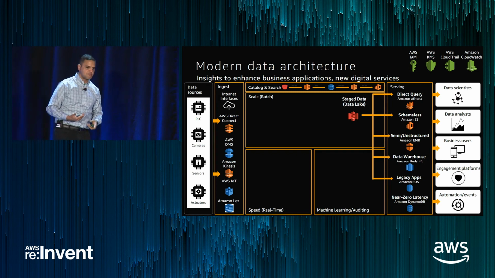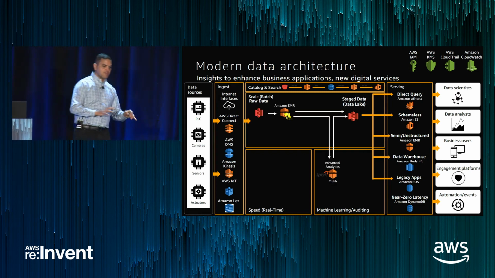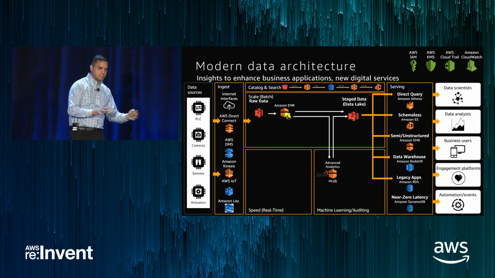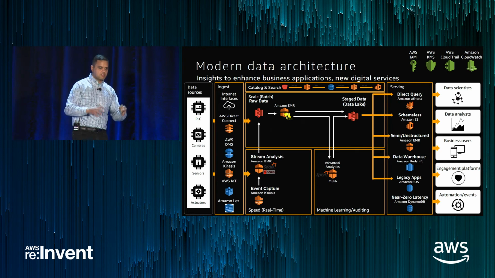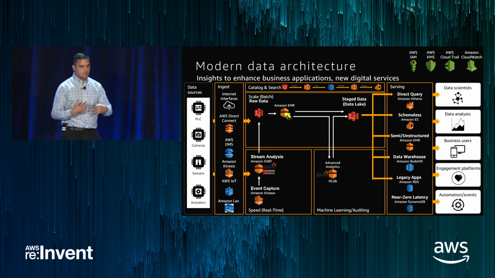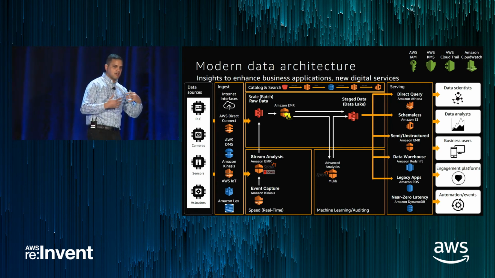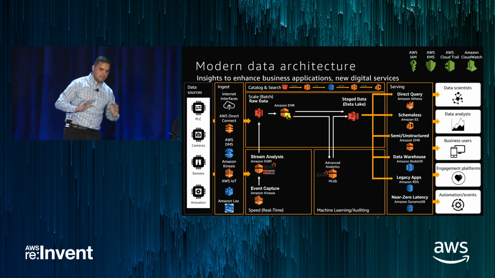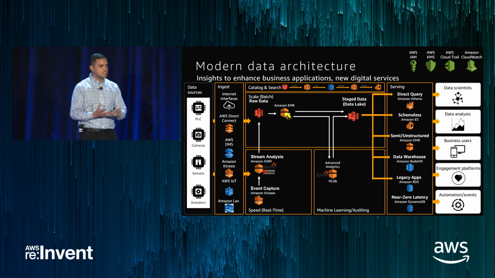So along with that, we talk about how data is brought in batch in S3 from your ingest stage and then moved to EMR. We also talk about stream analysis, where you have the ability to not only see data coming from your physical devices, but then feeding that into an analytics platform.